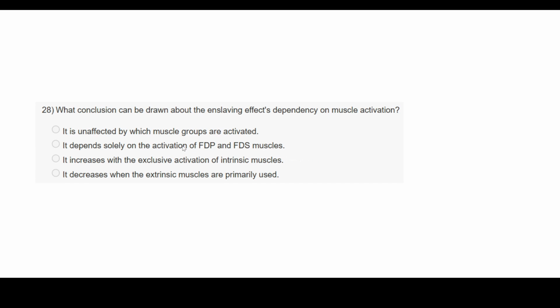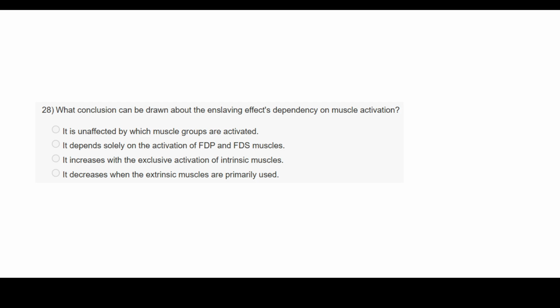What conclusion can be drawn about the enslaving effect's dependency on muscle activation? It is unaffected by which muscle groups are activated. It depends solely on the activation of FDP and FDS, flexor digitorum profundus or flexor digitorum superficialis muscles.